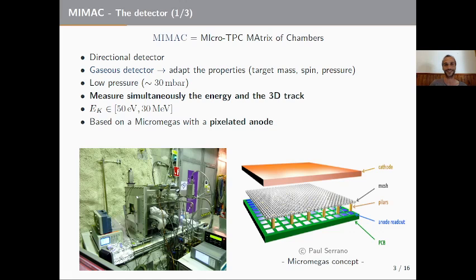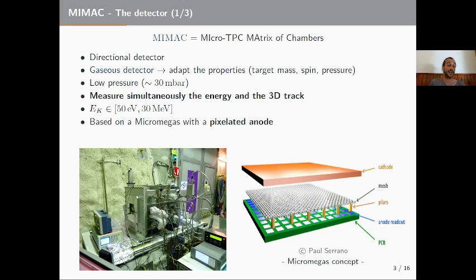MIMAC is a directional detector. It is a gaseous detector, which has the advantage that we can easily change the gas in the detector, so we can adapt the target mass and the spin in order to search for some dark matter candidates. We operate at low pressure to describe the direction of the track, and with MIMAC we measure the energy of a particle, but at the same time we also reconstruct its track in 3 dimensions.